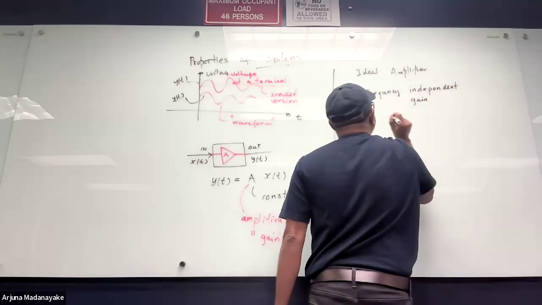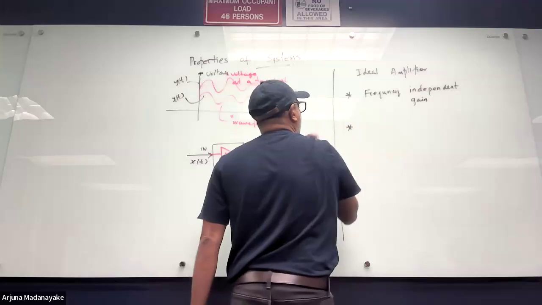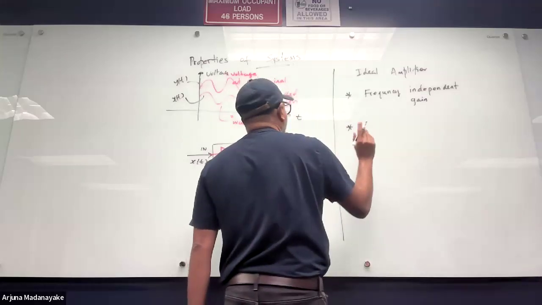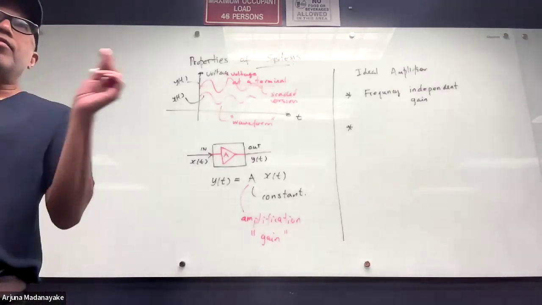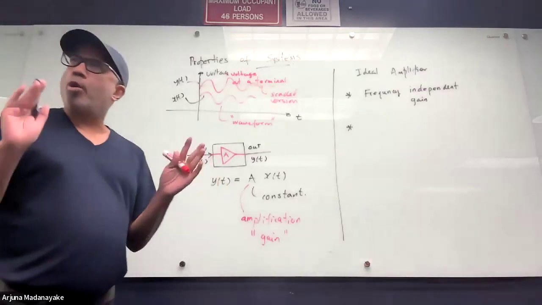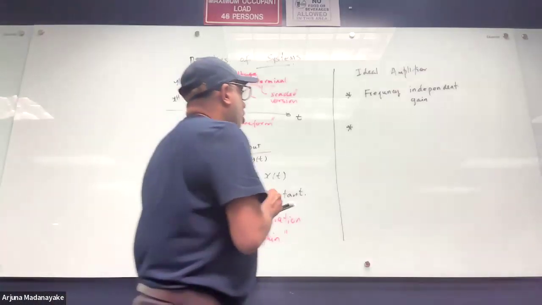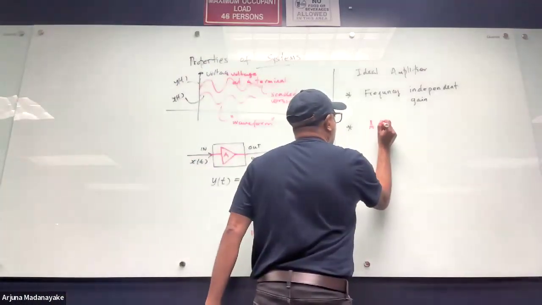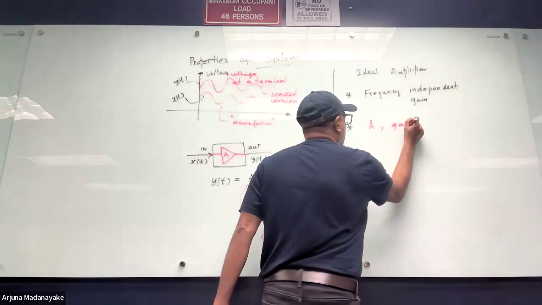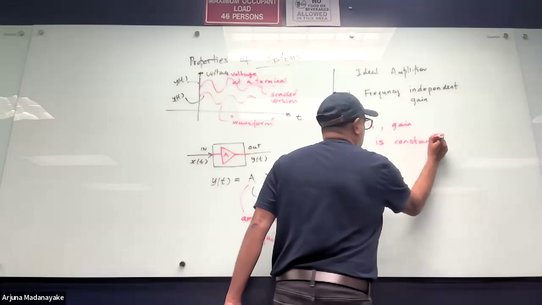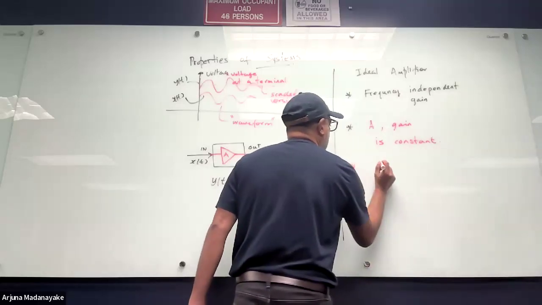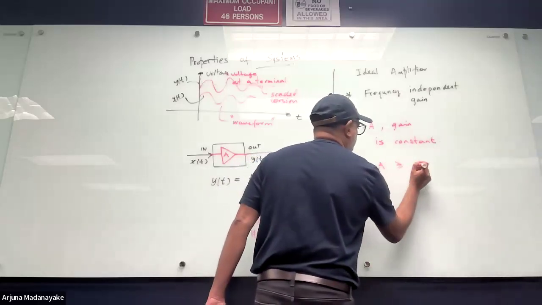So we'll come to that soon. But for now, just take my word for it. So this gain A does not depend on any other variable like frequency or time or anything. It's a constant. A is a constant. And A is greater than or equal to 1.